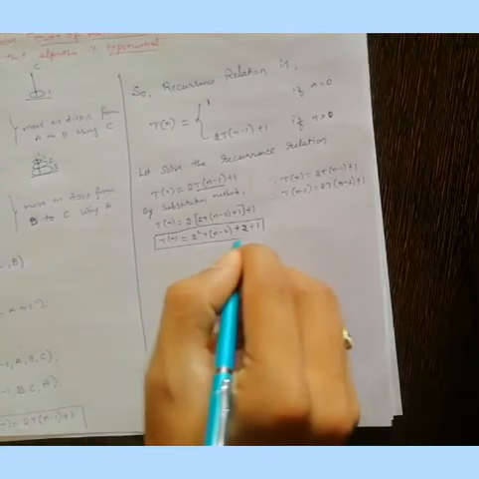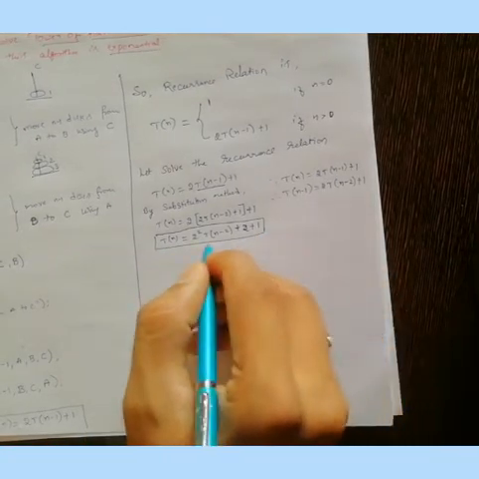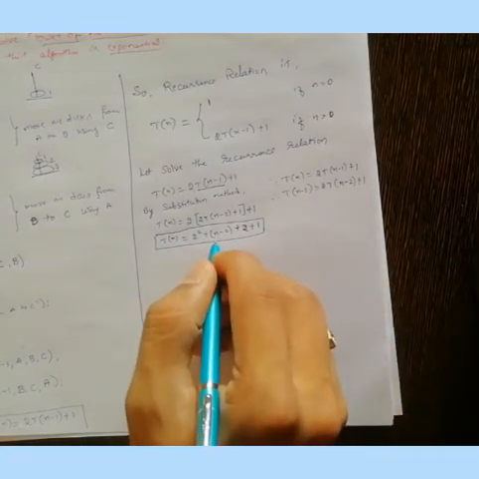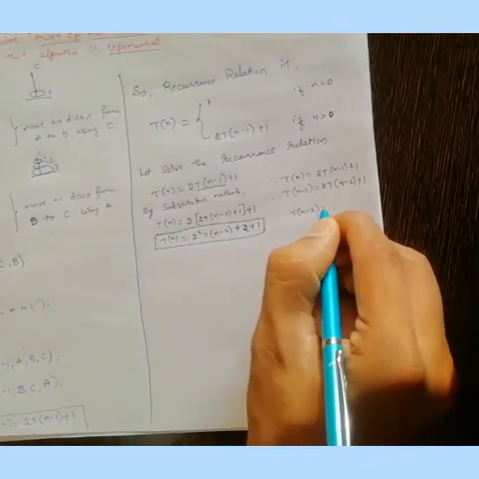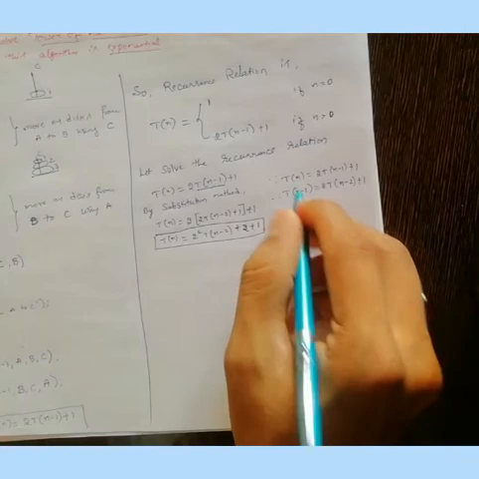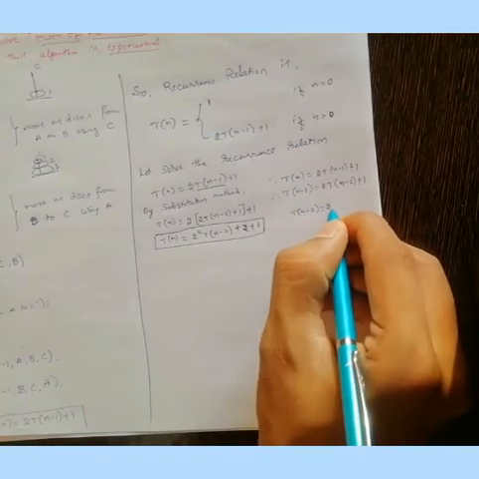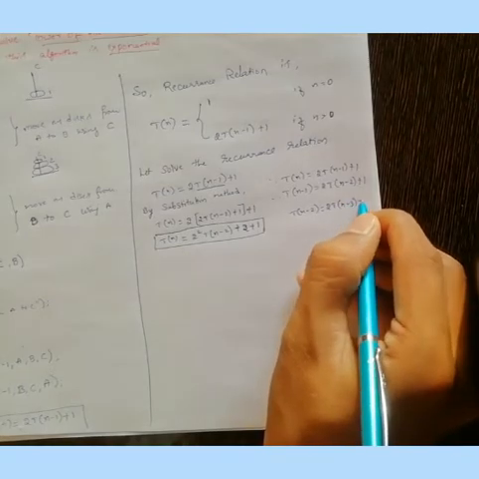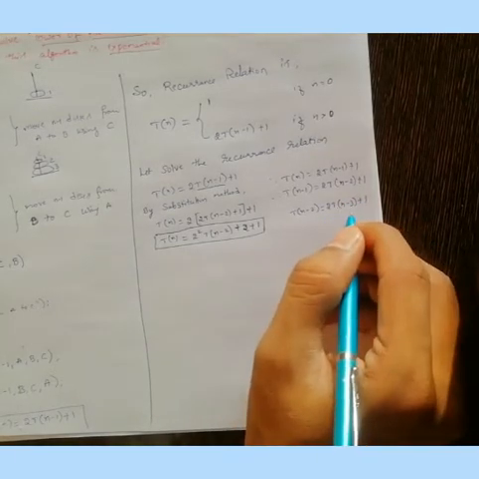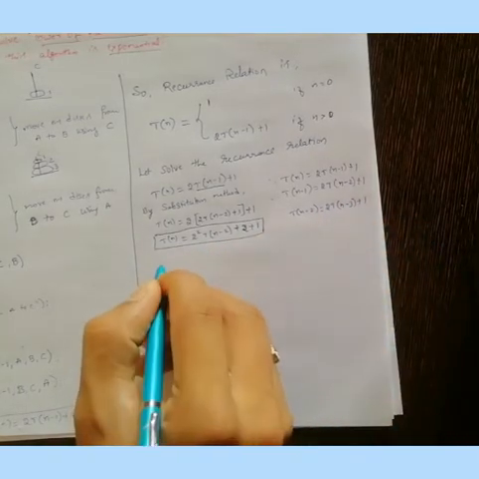Again substitute. What is the value of T of n minus 2 here now? T of n minus 2 equals, in place of n just substitute n minus 2. So 2 T of n minus 3 plus 1. So back substitute this into this equation.